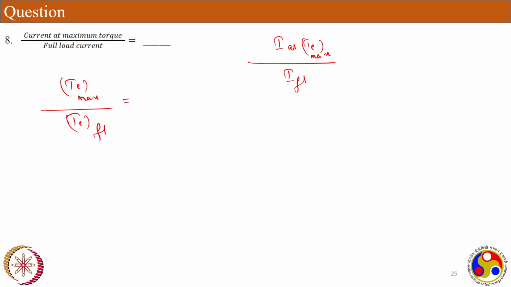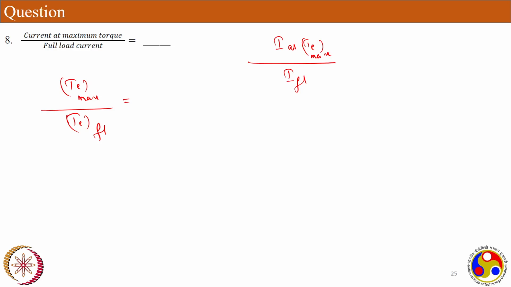From the data of the question, you know this maximum torque to the full load torque is twice the data you have given. Now 2 is equal to the required current at Tmax divided by IFL, squared, multiplied by 0.0429 divided by 0.16.